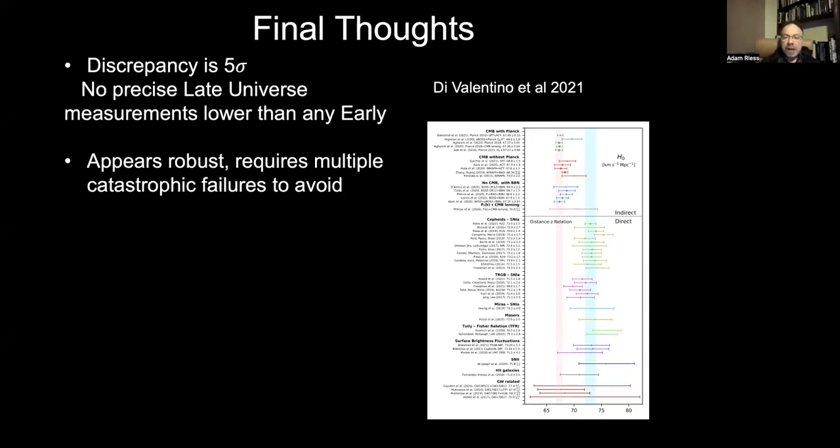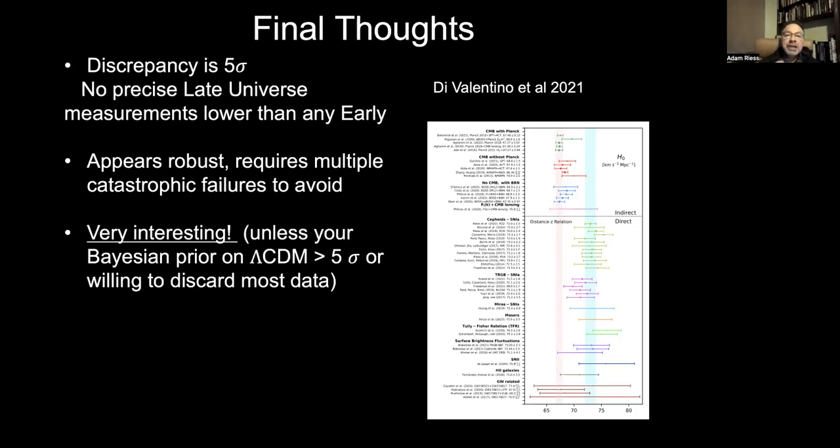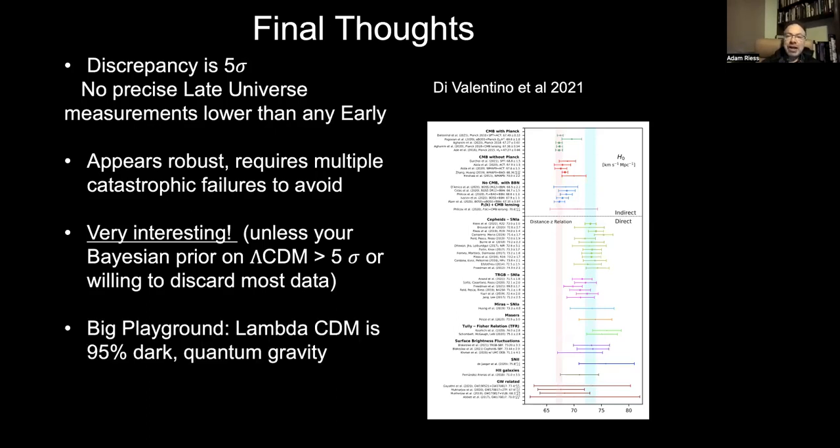It appears robust, this tension, because it would require multiple catastrophic failures to avoid it. And I think it's really interesting, unless you just love and believe deeply in LambdaCDM at more than 5 sigma, or you're willing to discard a lot of data. This is an interesting problem.